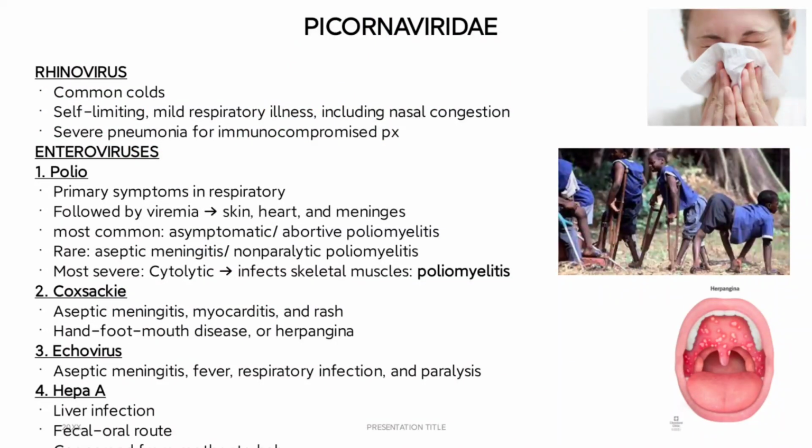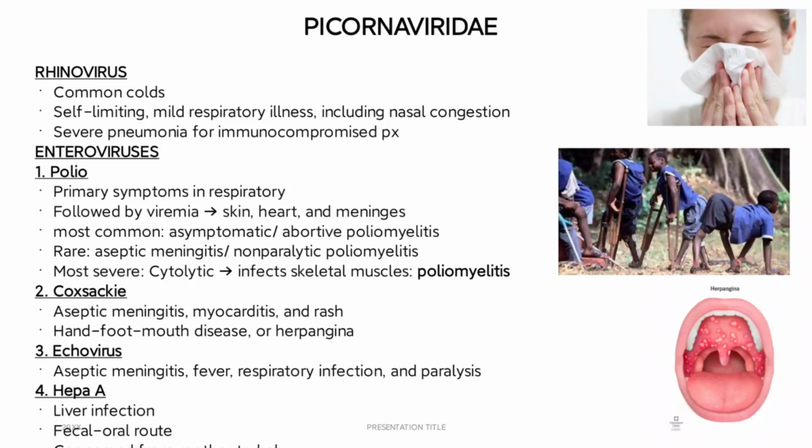So, Picornaviridae or the rhinovirus, ito yung pinaka-common na virus all throughout the year, which is the common colds. Rhinovirus, common colds, self-limiting lang to. So, basically, inom tubig at pahinga lang to, and then okay ka na. So, mild respiratory illness, including nasal congestion.